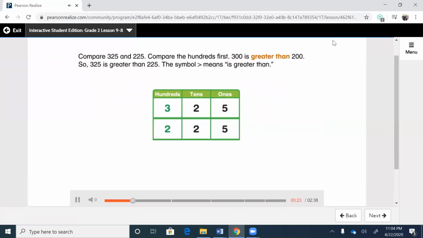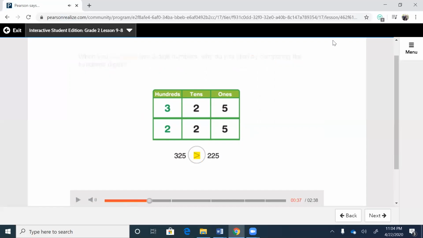First, look in the hundreds. 300 is greater than 200. All right, so 325 is greater than 225.